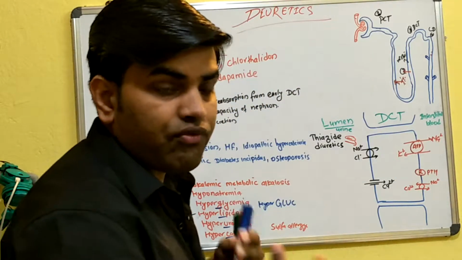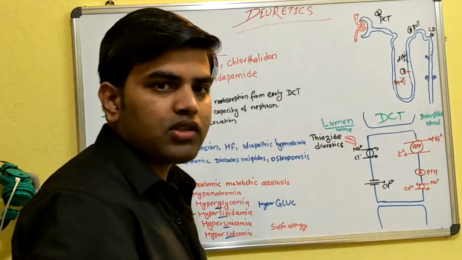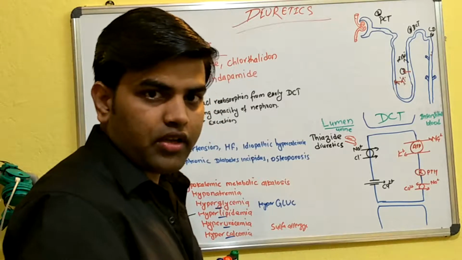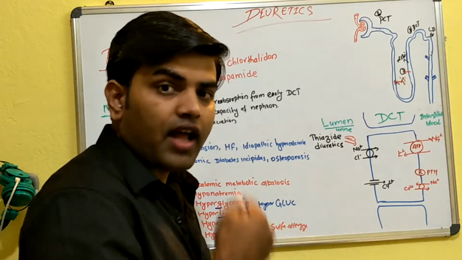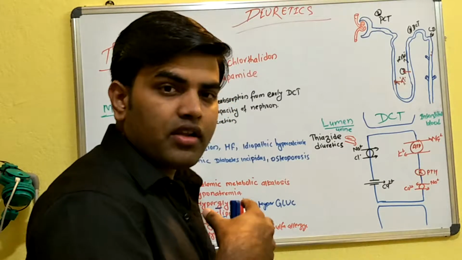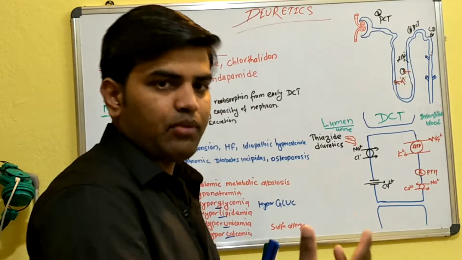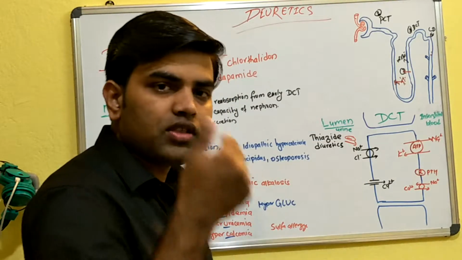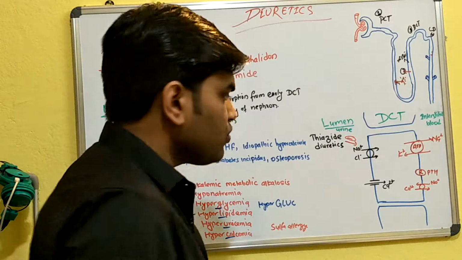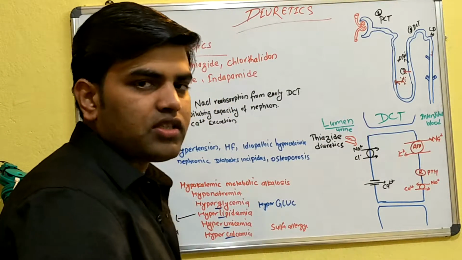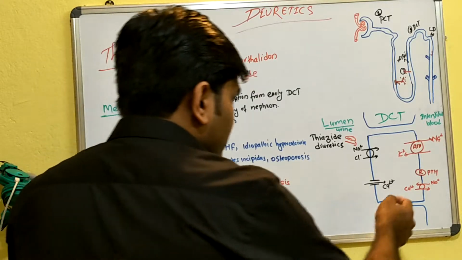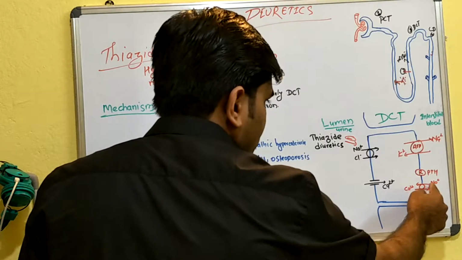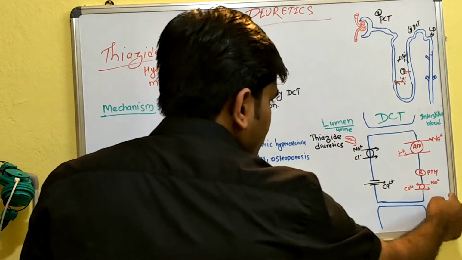You remember the main function of parathyroid hormone was to absorb calcium and phosphate with the help of vitamin D from the intestine. But when it comes to reabsorption in the kidney, it only helps to absorb calcium, whereas it excretes the phosphate. So the main aim in the body is to increase the calcium level. So with parathyroid hormone, the activity of the calcium sodium exchanger will be more and calcium will be absorbed more.